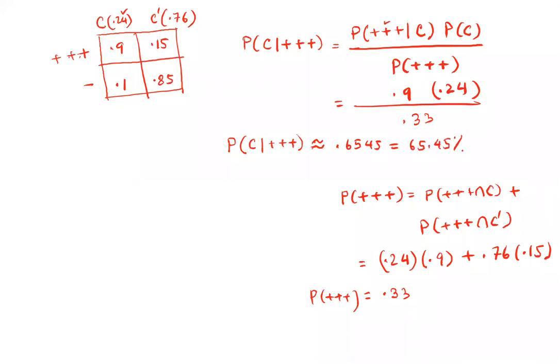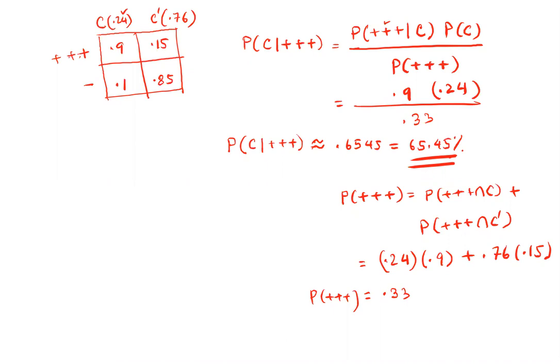So if you test positive the third time, you have about a 65% chance of having cancer. And remember, this is an ideal scenario where you randomly select a person from the population to start off with. You don't select in a very specific way. It's just a random person being selected from the population.